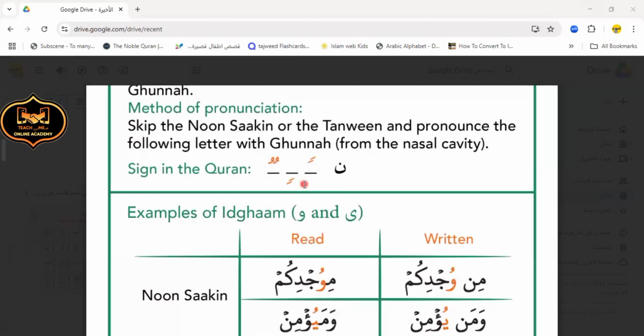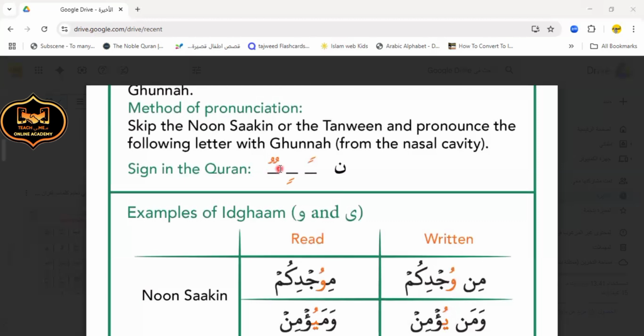But note here, for idgham, you will find noon without any haraka. We talked before about this and said this is noon sakina also. But for tanween, you will find a space between the double haraka for tanween kasr and tanween fath, and tanween dam looks like two small letters waw.